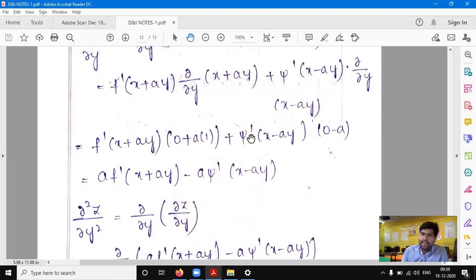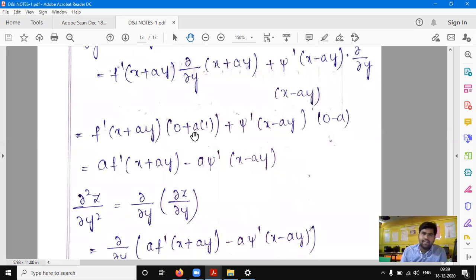Plus psi dash of x minus ay times the derivative of this term with respect to y. Here ∂x/∂y is 0, minus a, since a is constant and ∂y/∂y is 1.